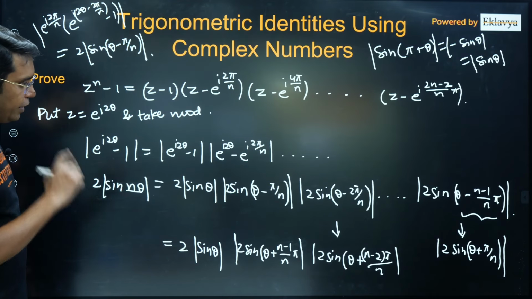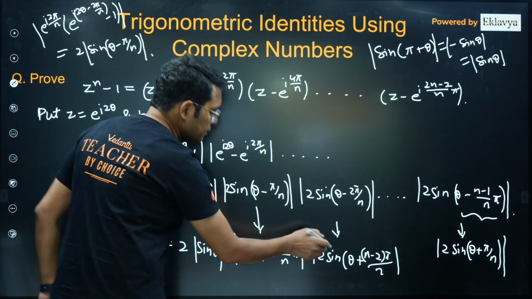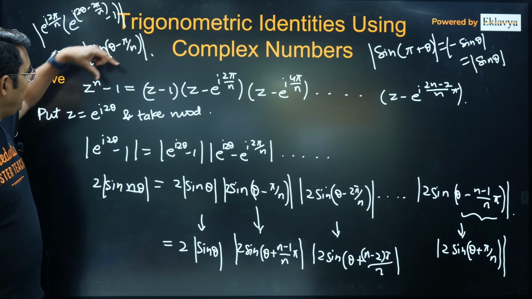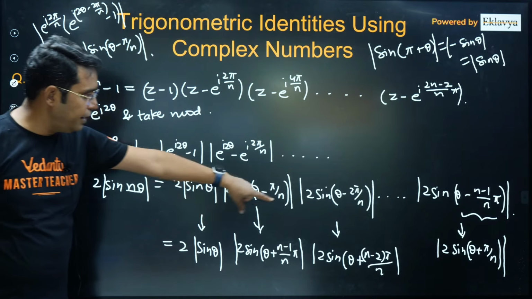Okay, so this is what we are getting. Now you can think of this is this only, this is this, this is this, and this is this. How many terms of sine? I think I am having all n brackets with me, so this will be 2 power n here.